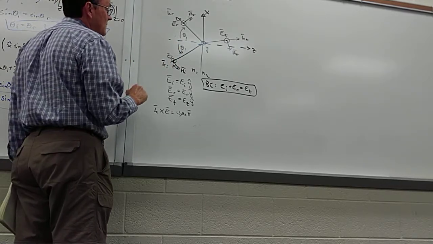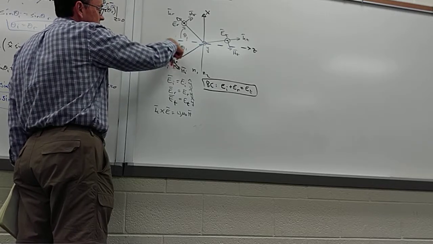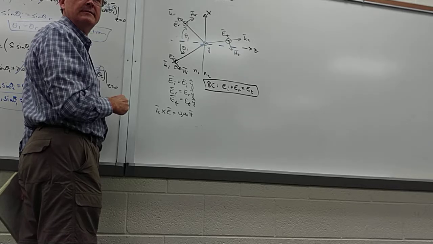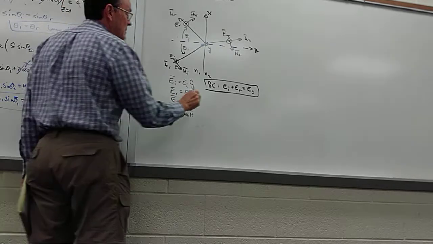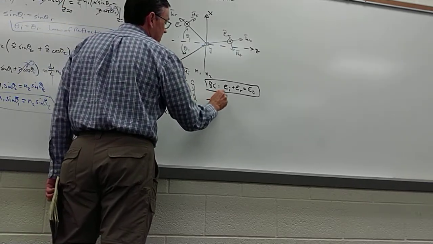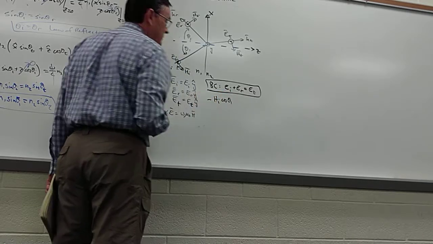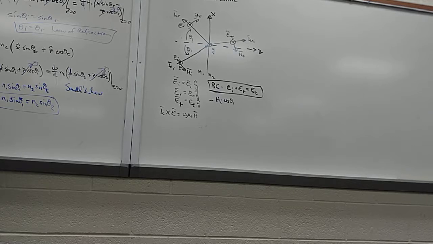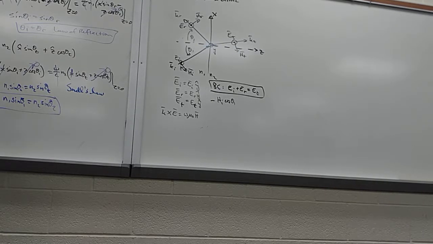Okay, so what's the component in that direction? H sub I cosine theta 1. So minus H sub I cosine theta 1, right? Because it's in the negative x direction.